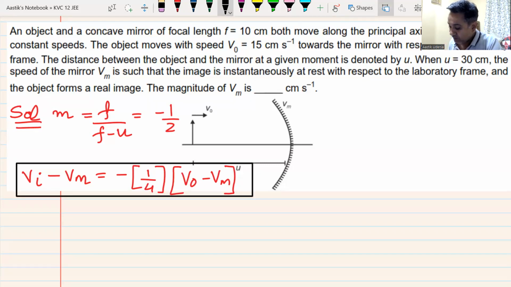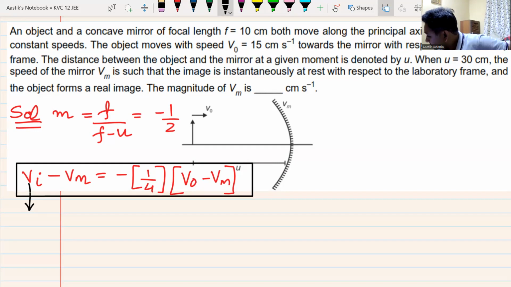Now, the rest of the problem, can you do on your own and tell me the value of V_M? And see, I have not done anything extravagant. What is the value of V_I, the velocity of the image? It is given in the question. How much is the velocity of the image? It is with respect to the ground, the laboratory.